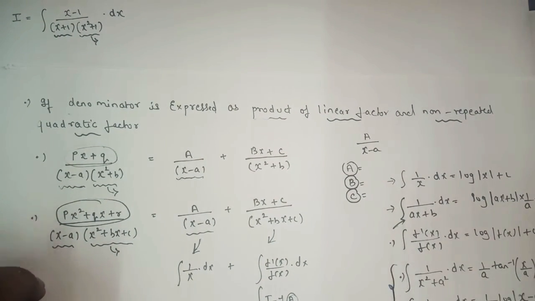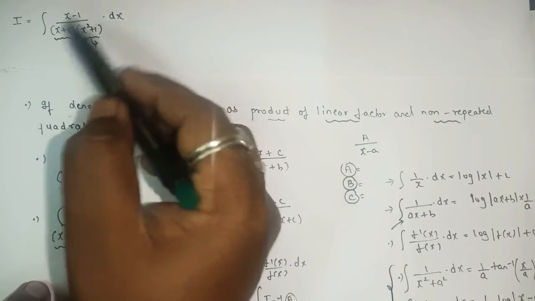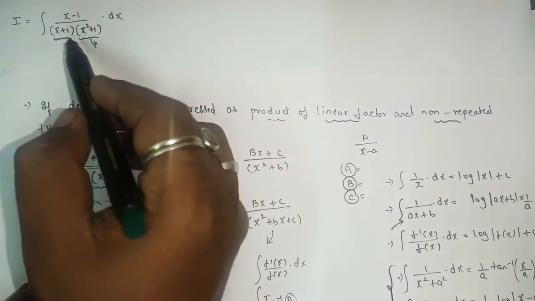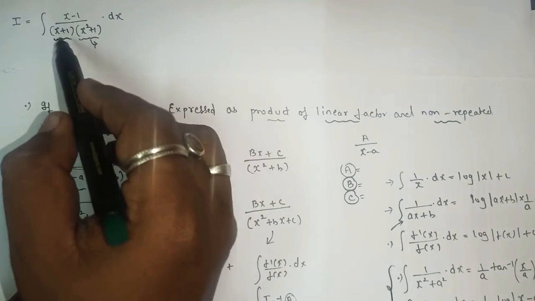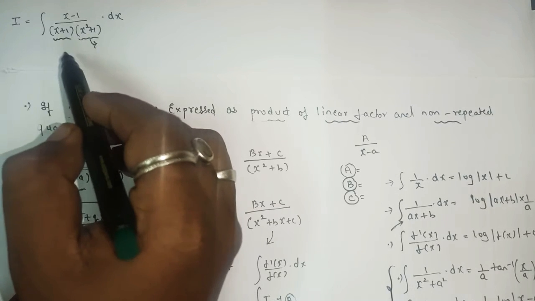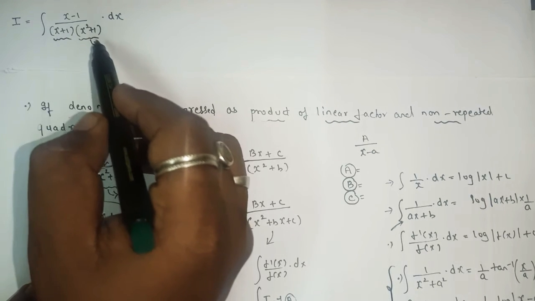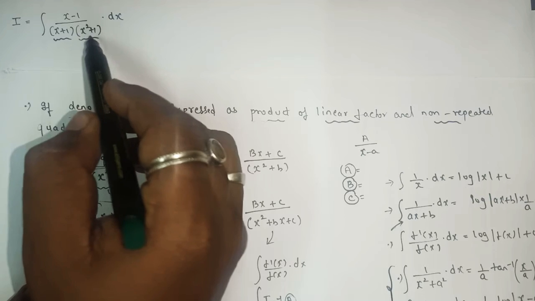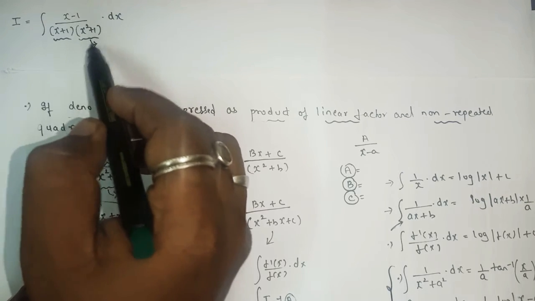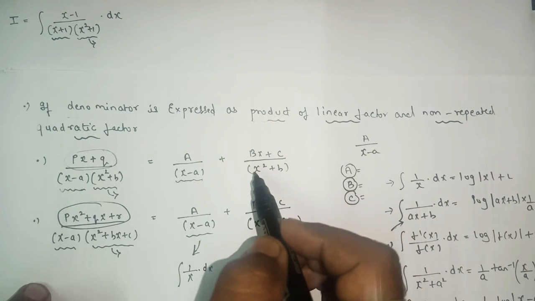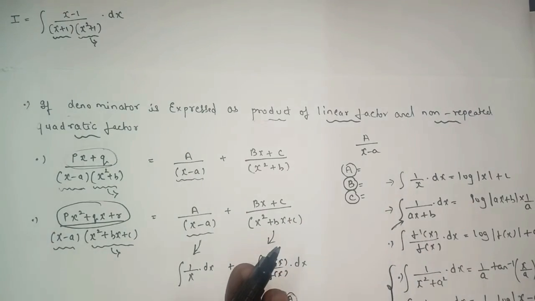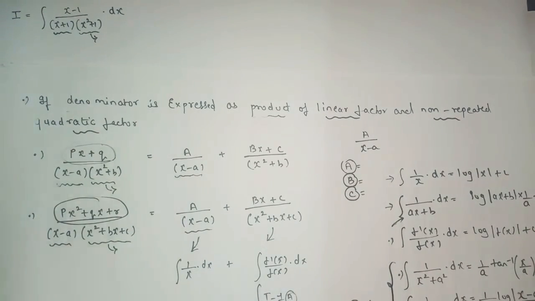Okay, so now we know that as it is in this form, the linear part can be written as A upon x minus a, and as here we have the quadratic expression, this can be written as what? Bx plus c upon x square plus b. Okay, so let's begin with the steps.